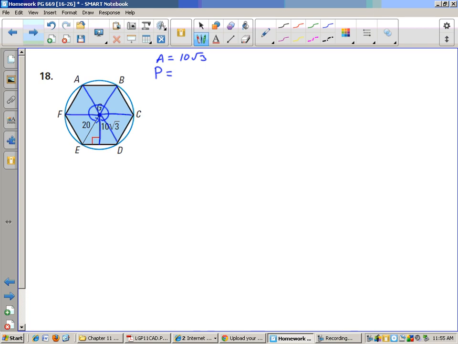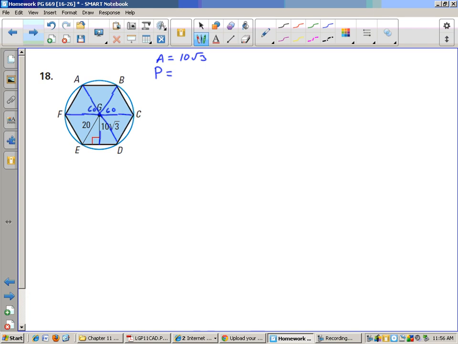Okay, and when I cut that, how many triangles had I cut that into? Yeah, a hexagon divides up into 6 triangles, right? So how many degrees does that leave for every angle? 60. You're right, 60. Good.